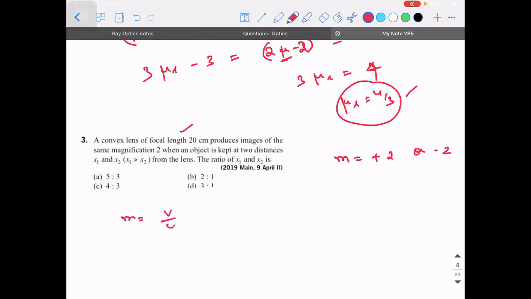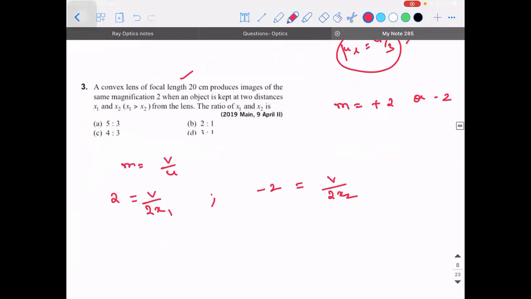What is the formula for magnification of lens? M is equal to V divided by U. If M is 2, it is V divided by x1, V is 2x1.